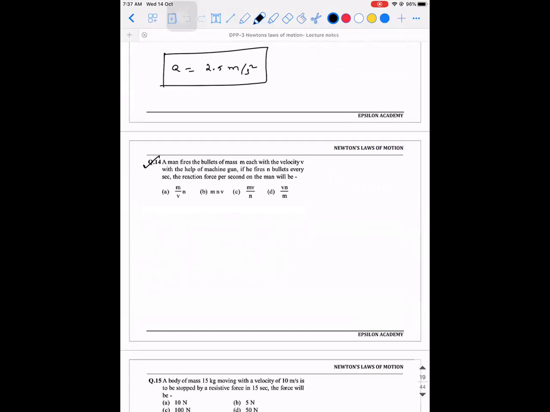What is coming to your mind? A man fires bullets of mass m each with velocity v with the help of a machine gun. If he fires n bullets every second, the reaction force per second on the man will be.